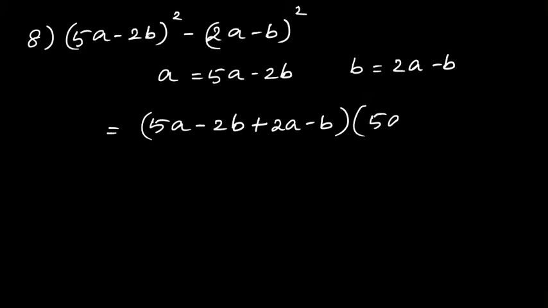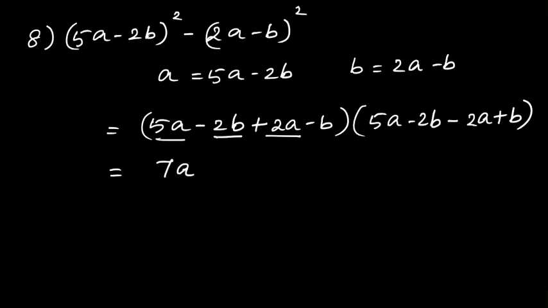So first write a value, then minus of b value. So in the next step, you have 5a plus 2a, we'll get 7a minus 2b minus b, we get minus 3b into 5a minus 2a, so we have 3a minus 2b plus b, will get minus b.